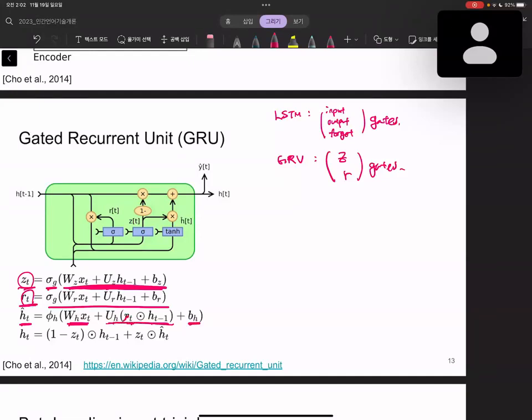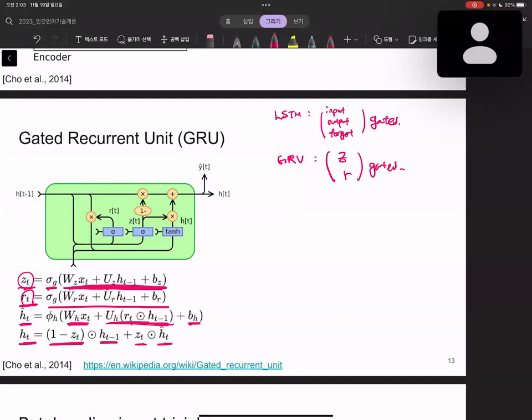So this is the different part from the LSTM because there is no such computation in the LSTM. And finally, the hidden state can be computed by a weighted sum between the previous hidden state and the h hat, where each weight is the value of the Z gate.